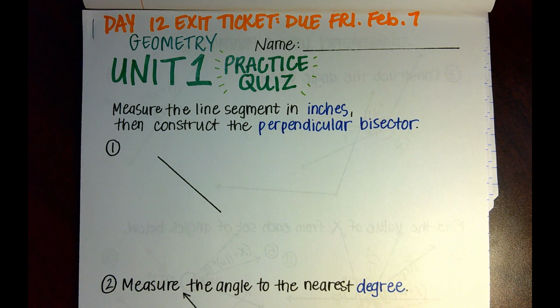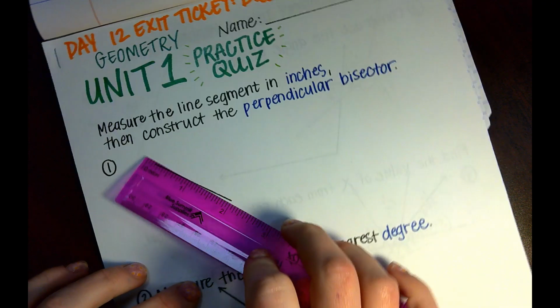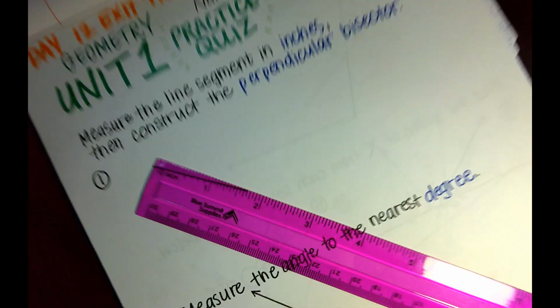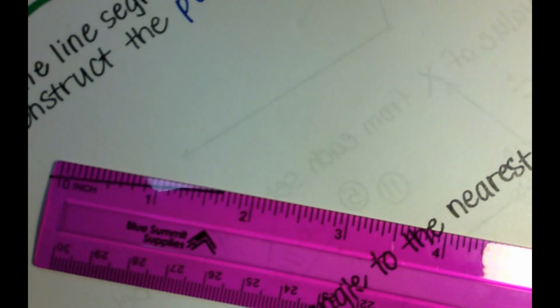So if you're using a wooden ruler, you need to not use a wooden ruler because they don't have the 16th marks. You'll need to use a plastic one. So make sure you've got one of those. If not, let me know. And we're going to just line our ruler up and see where it falls.